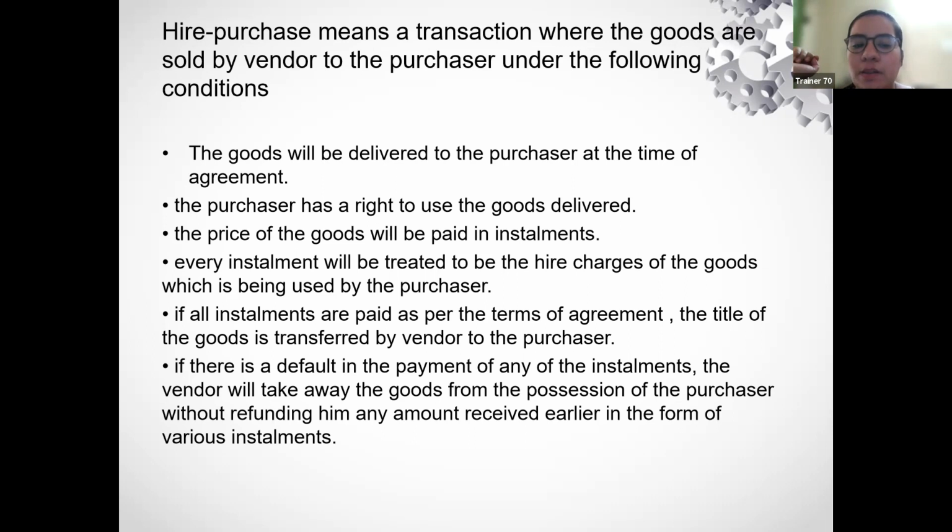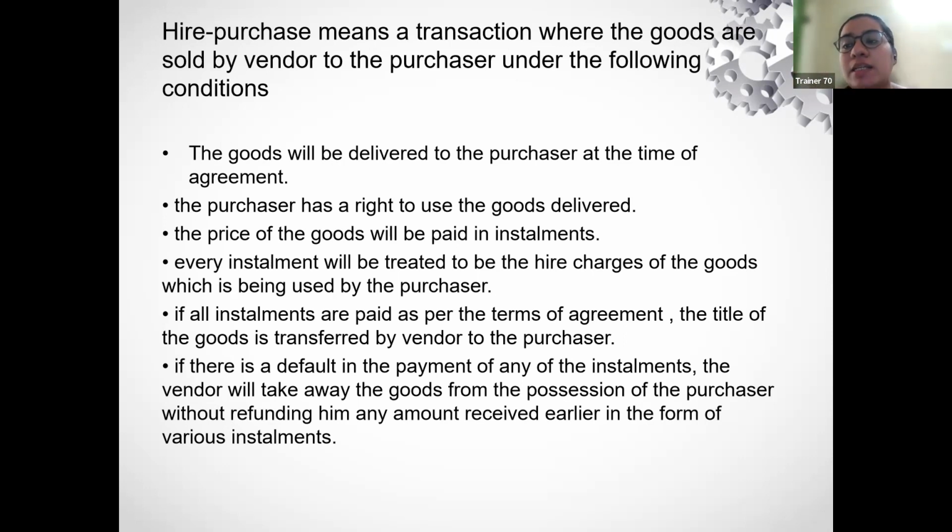The third is the price of the goods will be paid in installments, not at once. Every installment will be treated as the hire charges. If installments are paid as per the agreement, the title will be transferred to the purchaser after the payment of the last installment.